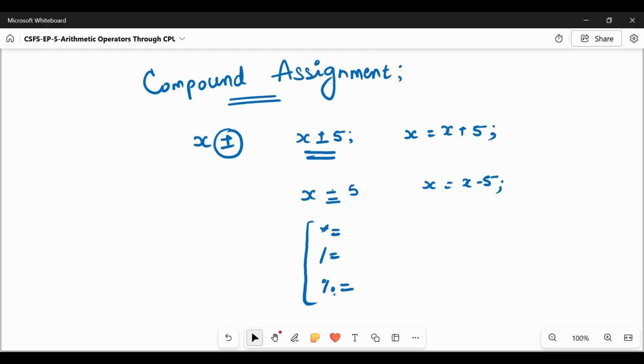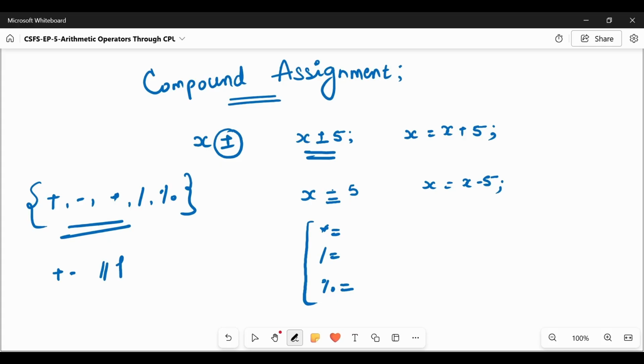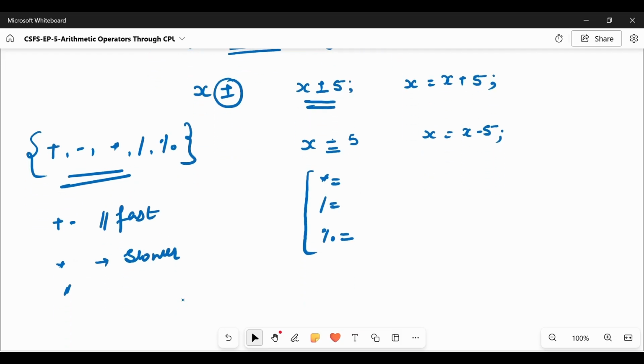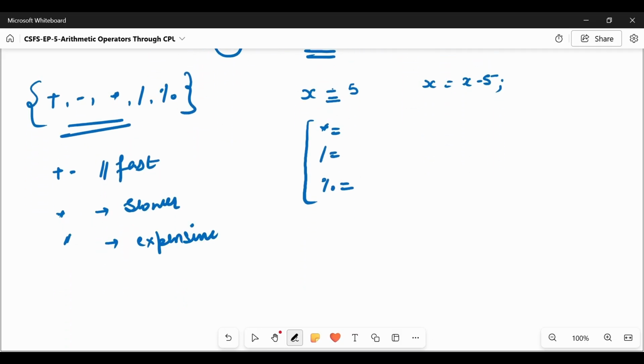So when we are doing all the operations like plus, minus, multiplication, division, modulus, how are they all behaving? Are they all behaving in the same way? Plus and minus are usually fast operations as compared to multiply or divide, where division is usually expensive. Means it takes lots of CPU time.